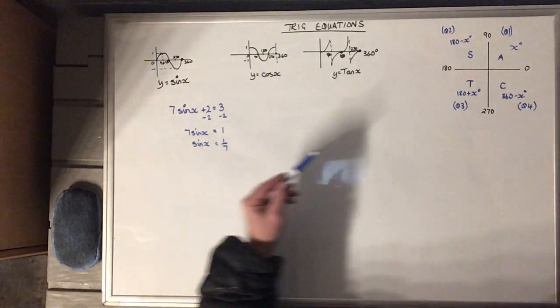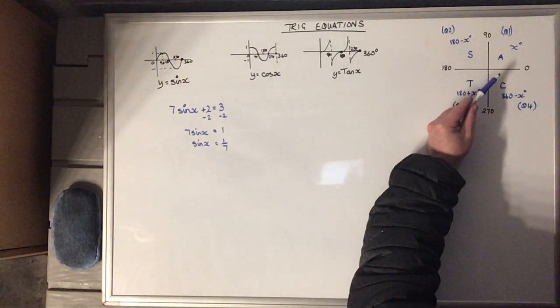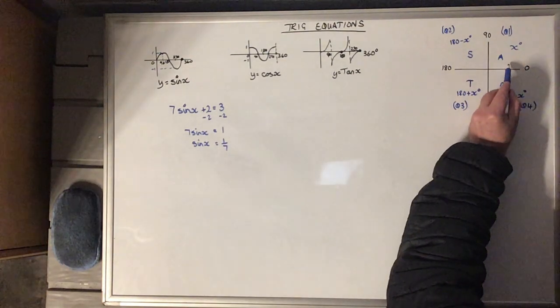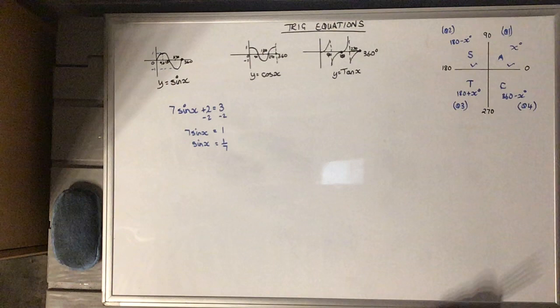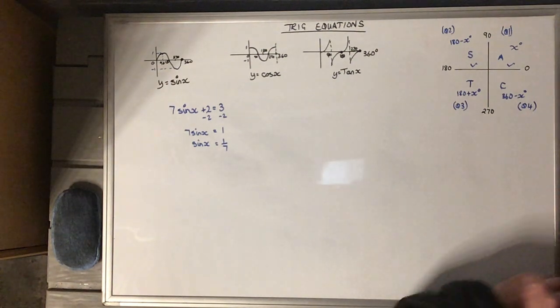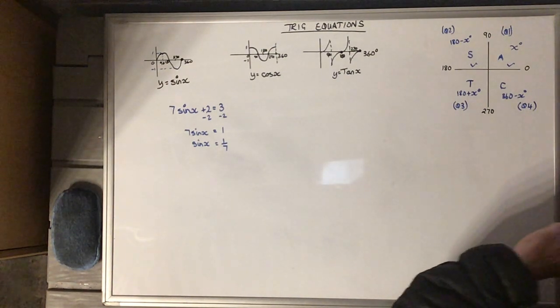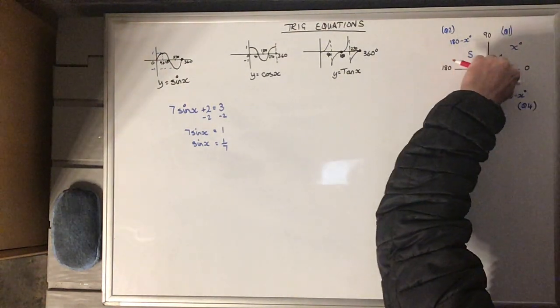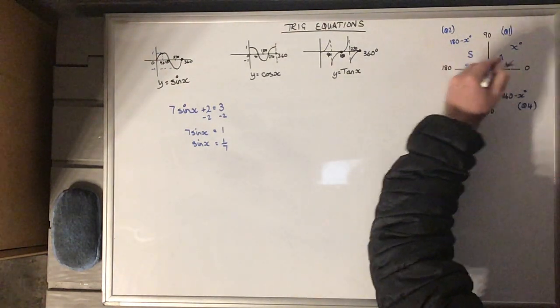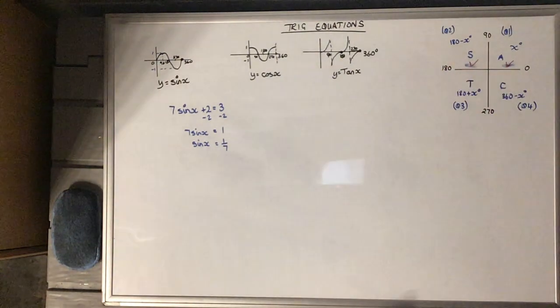So relating it to this side, we're looking for values when sine's in here and in here. Now that's your first and second quadrant. I think I'll just use a different pen here just to highlight this. So we're ticking here and here.